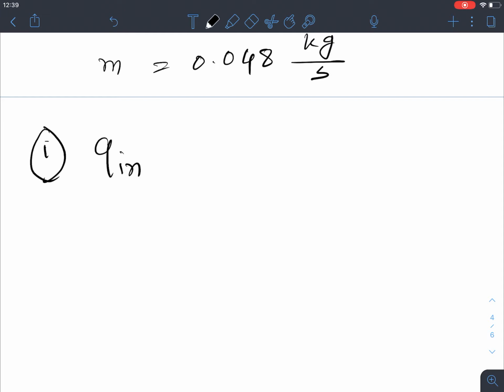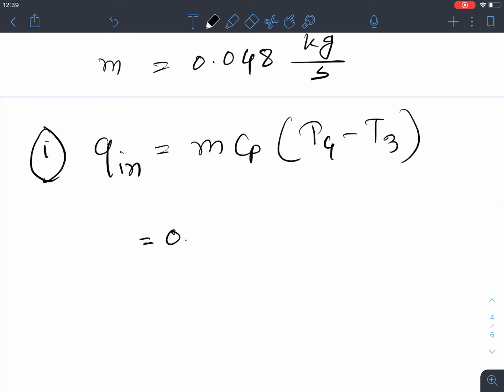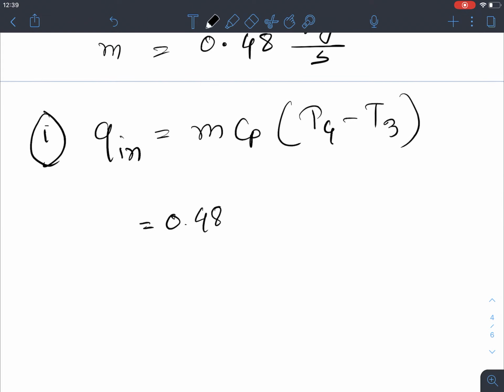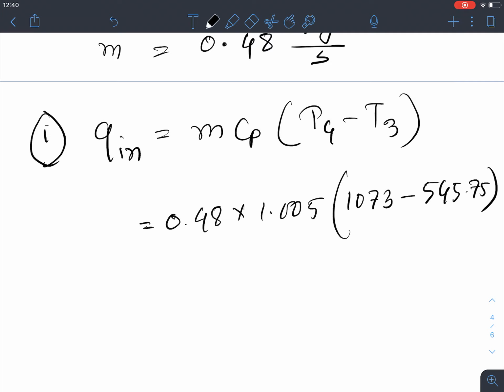So now let's plug it into the information for number one. Q in is basically m Cp times T4 minus T3. We know all this information: 0.48 times 1.005 times T4, which equals 1073 minus 545.75 Kelvin.